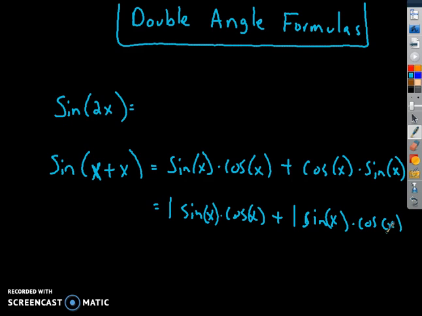So we've got 1 sine x cosine x plus another sine x cosine x, which leaves you with 2 sine x cosine x's. And that's the formula, that's the rule.